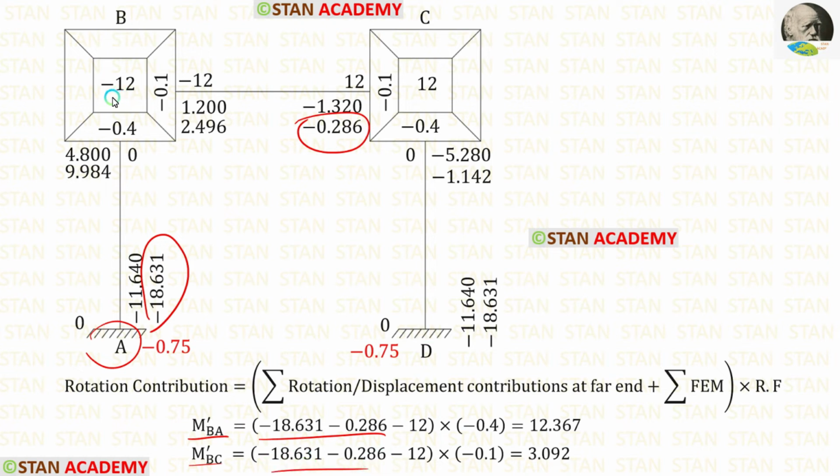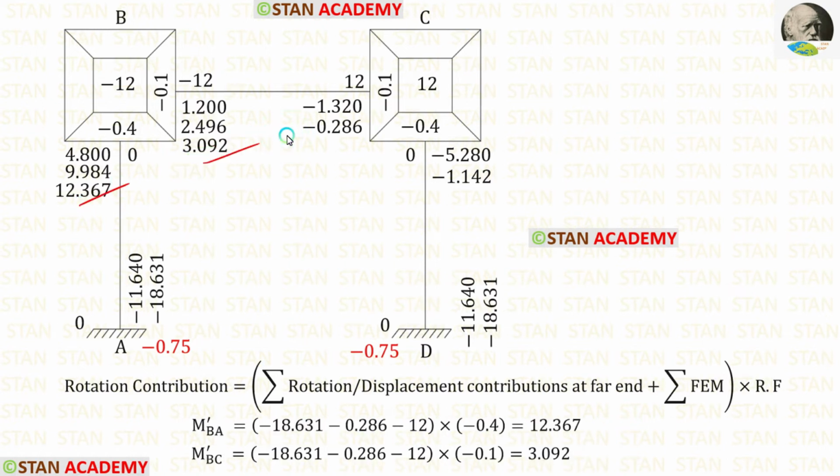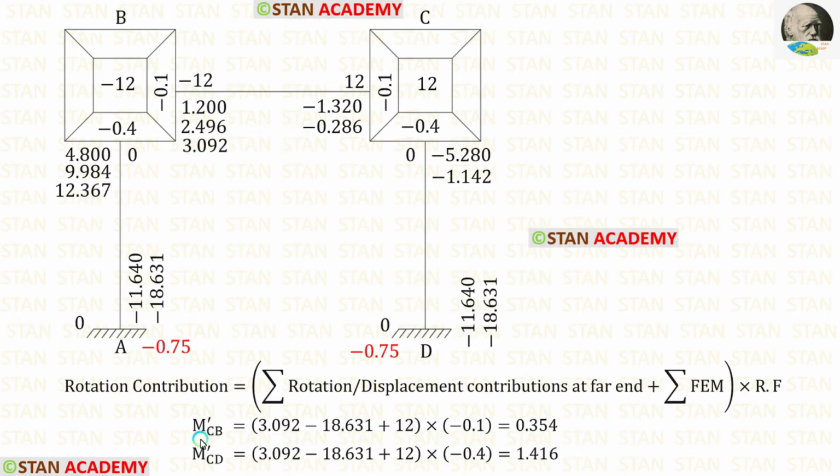The summation of the fixed end moments is minus 12. The rotation factor for BA is minus 0.4 and for BC is minus 0.1. After calculation, we are getting M dash BA and M dash BC. Let us enter them.